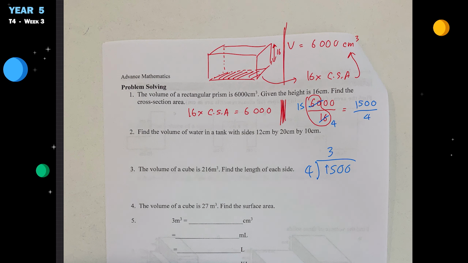You're going to get 3. 3 times 4 is 12. Take away, you're going to get 3. Bring down the 0. 30 divided by 4 is 7. 7 times 4 is 28. Remainder of 2. Bring down the 0. You get 5. 375. So the area, the cross section.